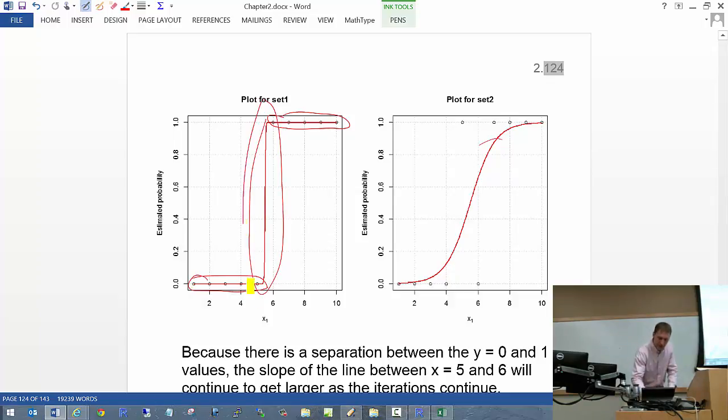Here's my slope of my line. So essentially my beta hat 1 is positive infinity. Is R ever going to reach infinity? R is pretty good, but even R can't reach infinity.